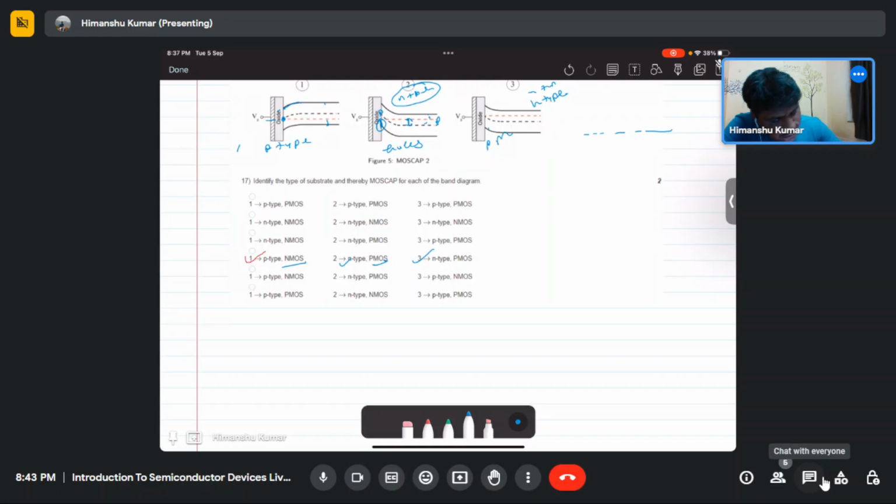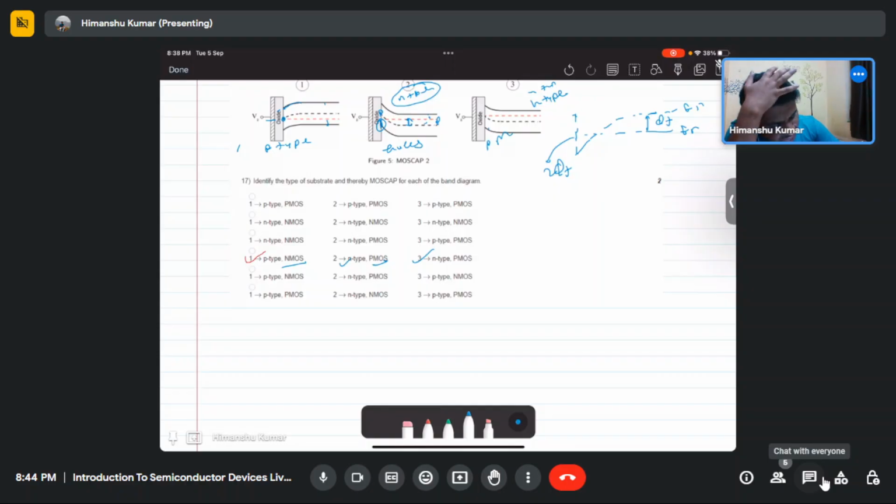Basically, if this is EF and this is EI in the bulk, and at the interface EI has crossed twice this amount, which is known as phi f, the surface potential, so that the gap is equal to twice phi f, then this is known as inversion. If this is twice phi f, then we can say inversion is happening.